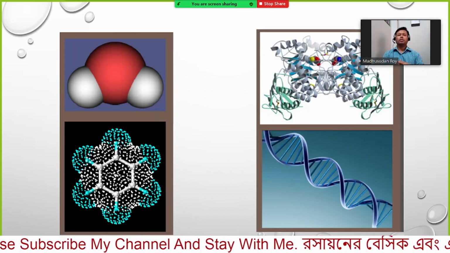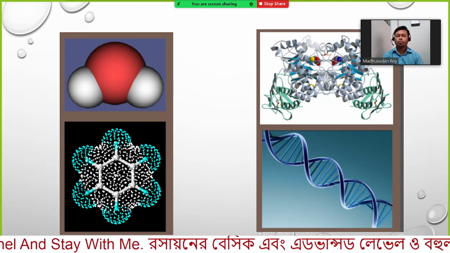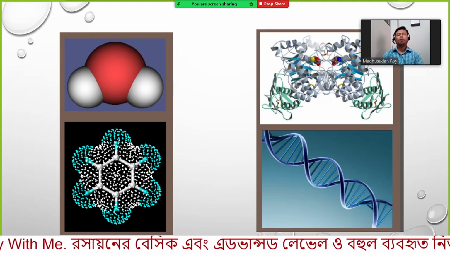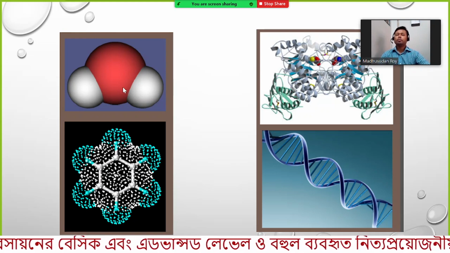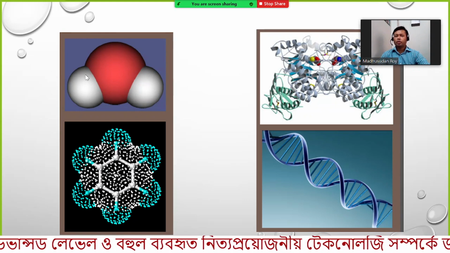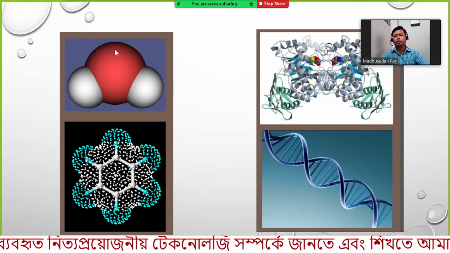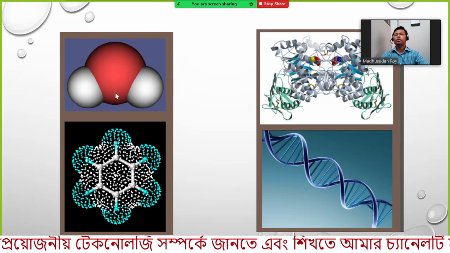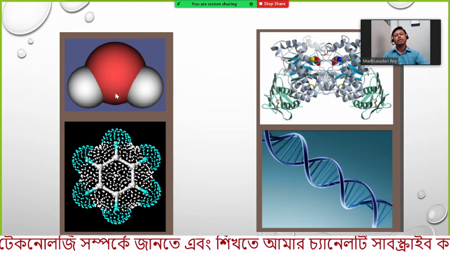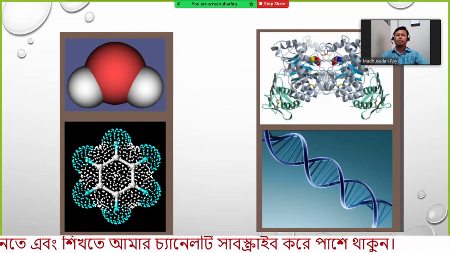But if we consider chemistry or some molecules, then what happens? This is our very popular molecule, water. When we do some operation, like rotating this molecule by 360 degrees or 180 degrees, what will happen?